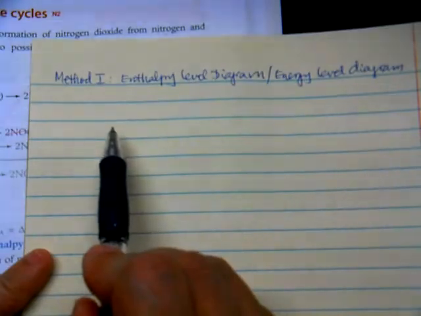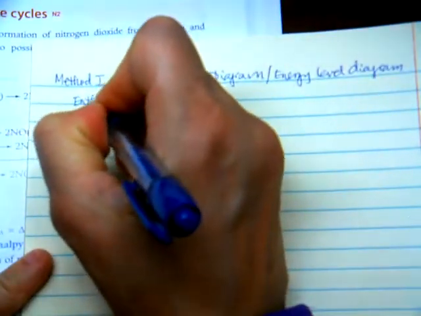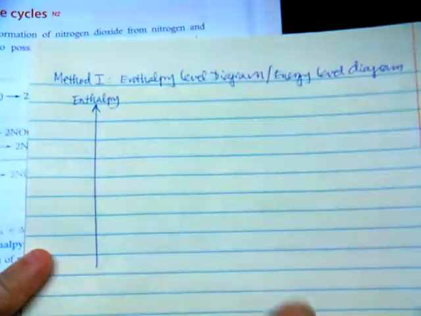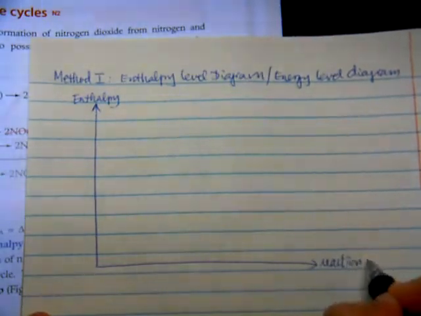In drawing the diagram, bear in mind for an endothermic process, you need to point it upwards. For exothermic, point it downwards. First of all, label the y-axis. The y-axis is enthalpy. Understand? And then the x-axis, actually it is meaningless, but I like to draw it as reaction pathway.